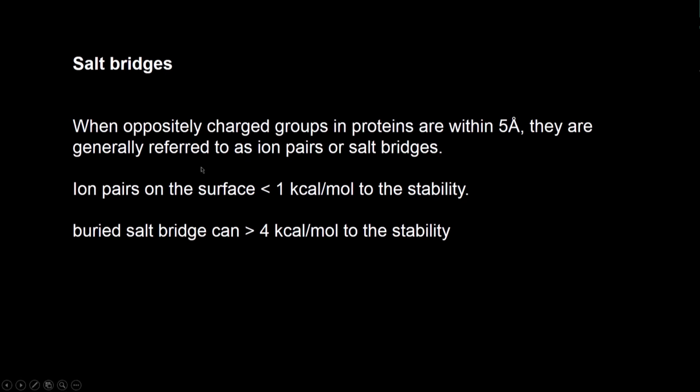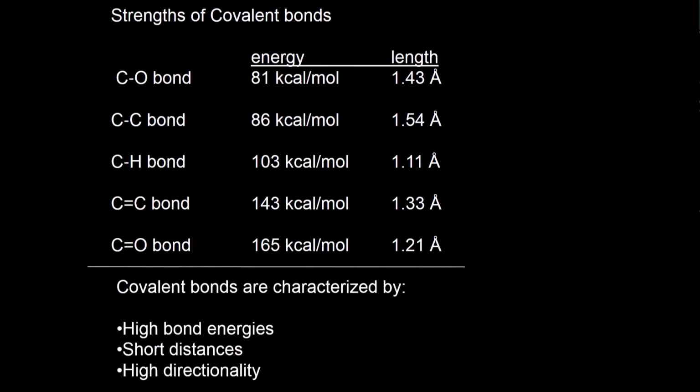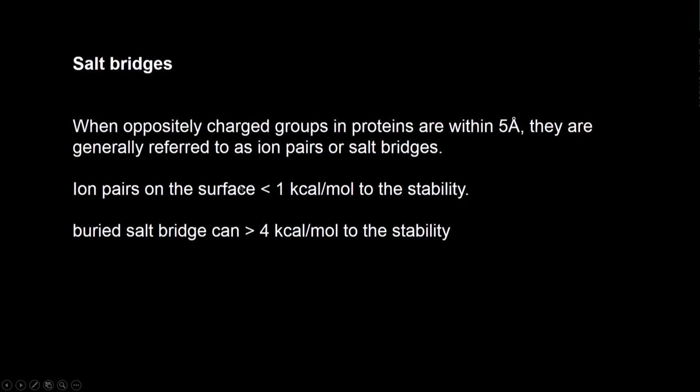Salt bridges: when oppositely charged groups in proteins are within 5 angstroms, anion-cation, cation-anion, they are generally referred to as ion pairs or salt bridges. Look at the energies, they are quite low. Ion pairs on the surface need less than 1 kilocalorie per mole for stability. Buried salt bridges need greater than 4 kilocalories per mole to be stable. So numbers are very low. So ion pairs form salt bridges.